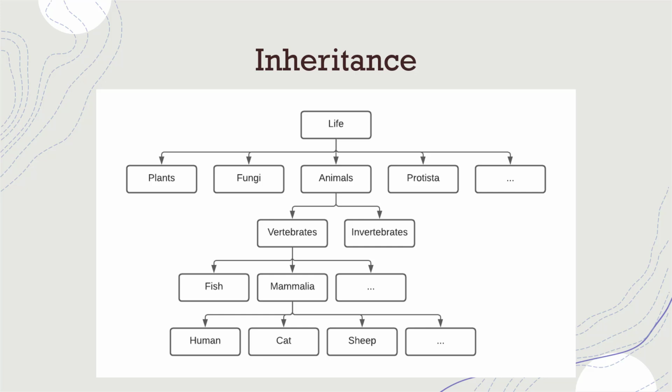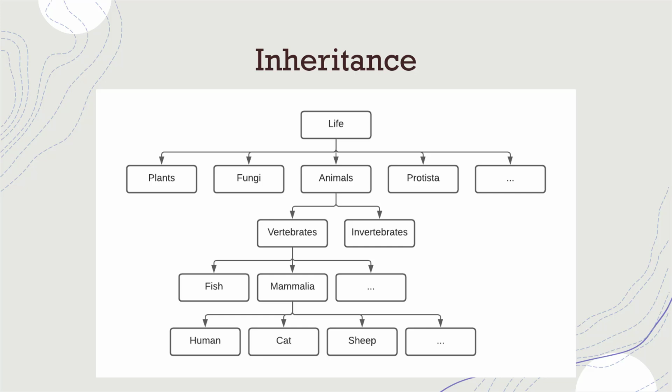Then within vertebrates, we have more subclasses such as fish, birds, and mammals. Again, all subclasses of vertebrates inherit all functions and variables specific to vertebrates, and the vertebrates version of all functions and variables of superclasses above vertebrates, namely animals and life.